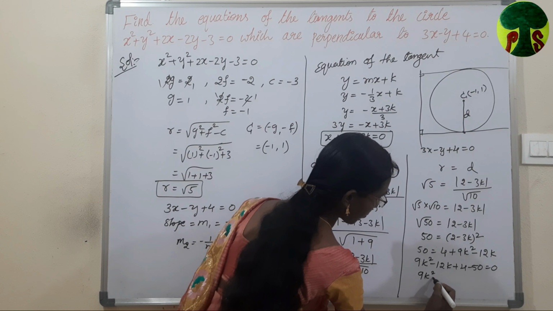The quadratic equation in k is 9k square minus 12k minus 46 is equal to 0. Now we have to find the value of k.